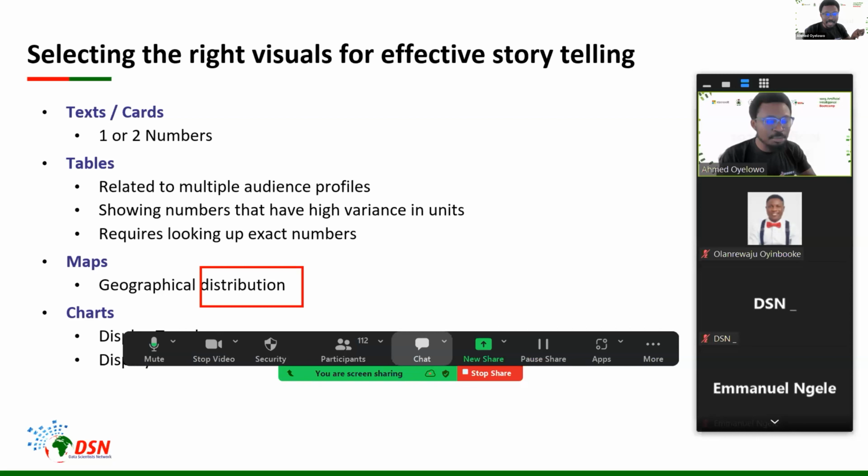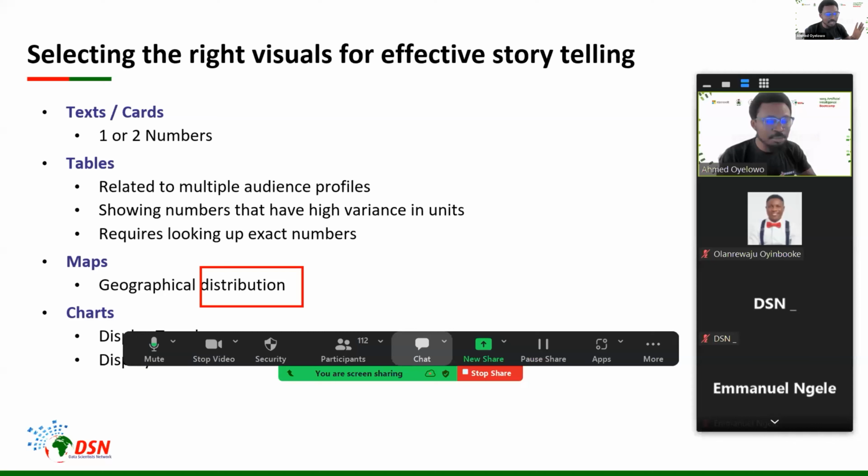So maps can be abused sometimes because people tend to think that whenever they have any data category that contains geographical information, like states, like countries, they have to use maps. You only want to use a map in such situations when the message that you are trying to pass across needs to be read in terms of the variances of the numbers per state.